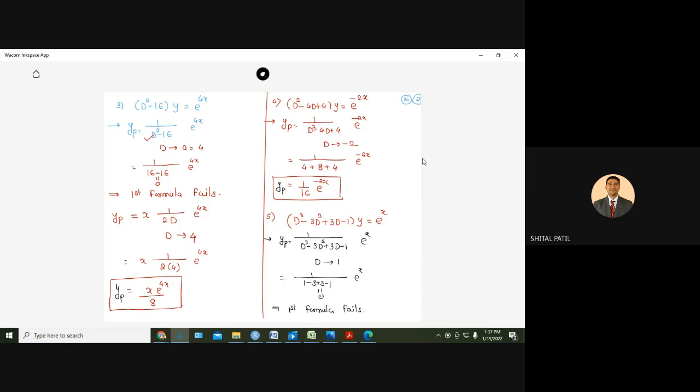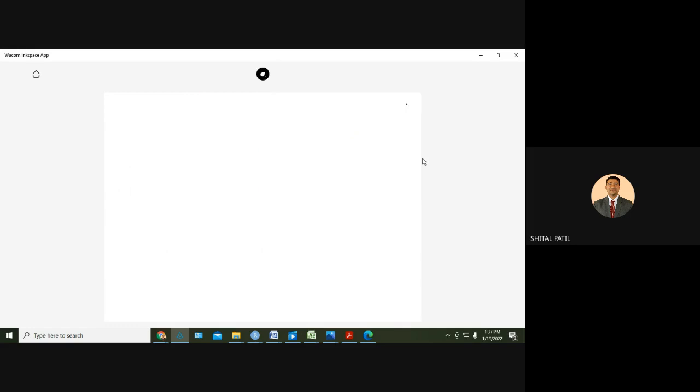What is the second formula? It is like this. First, we have to write the x, and then the derivative.